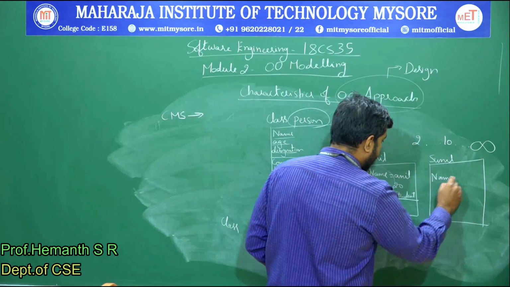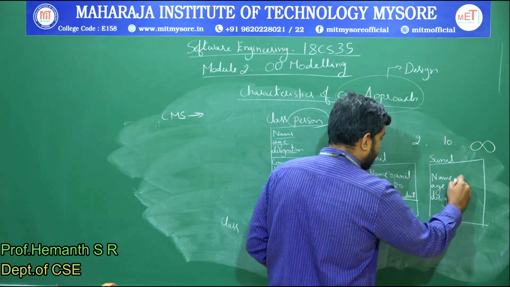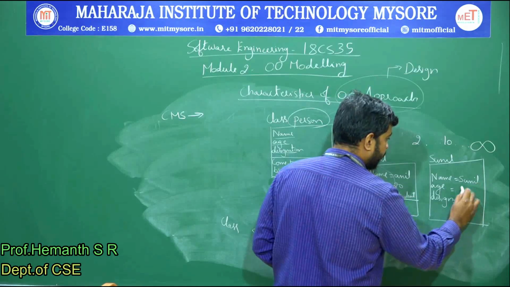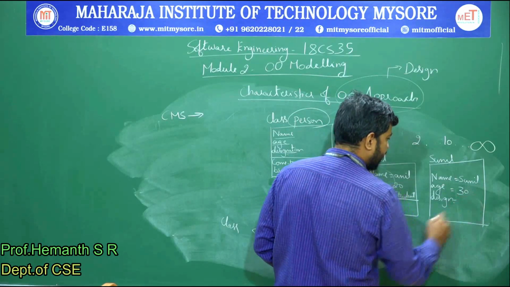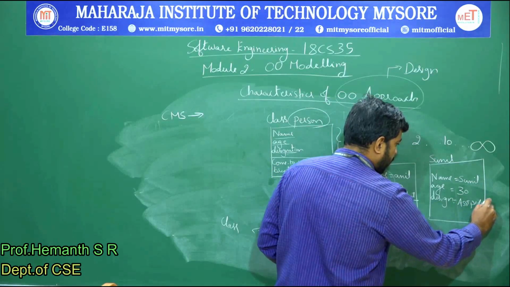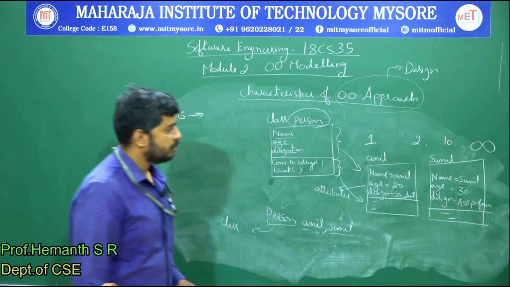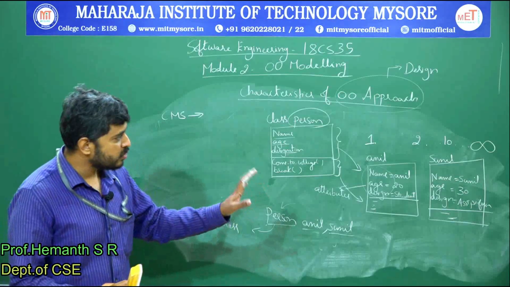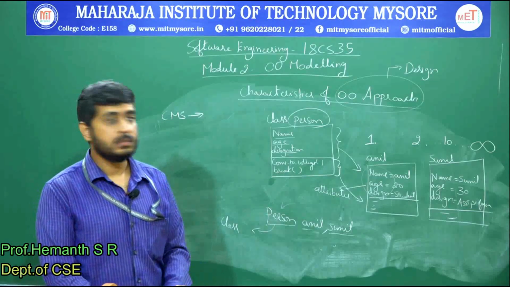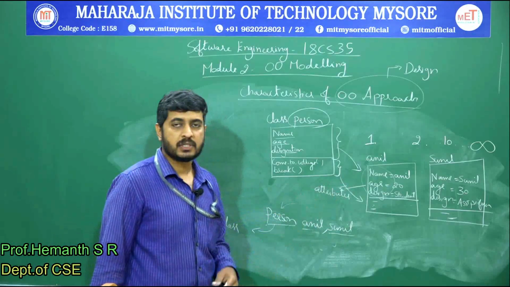So the attributes include name, age, maybe designation. So name here is Sunil, age maybe we will claim it as some 30 years. Designation is assistant professor. Please note we have created a second object by name Sunil, who is working as a faculty in our college management system. Like this you can create hundreds of thousands of objects.